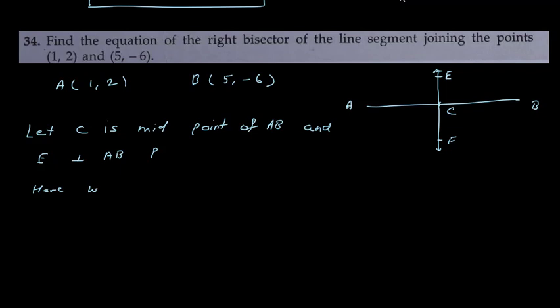That will give you a clear idea that this perpendicular is passing through C. EC is perpendicular to AB. Here we have to find equation of EC.